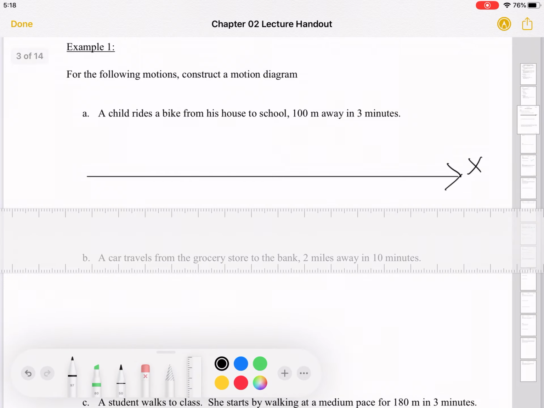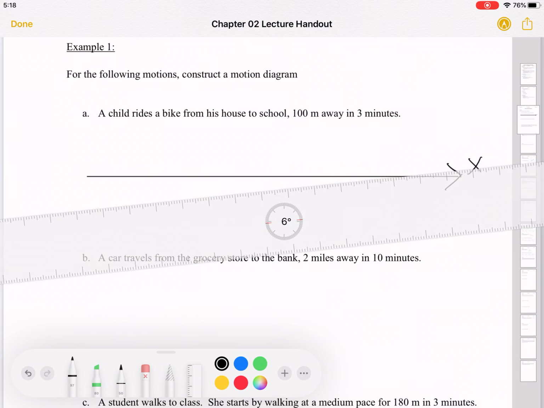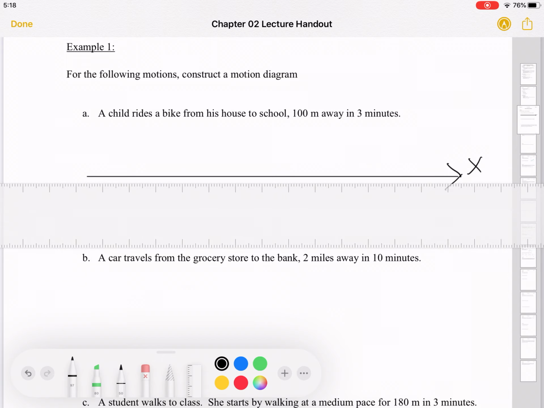And let's make some tick marks here. We're going 3 minutes at 100 meters, so I could mark every 25 meters. I can mark every 10 if I wanted. I can mark every 1, but they're going to get really close together. So let's just mark a beginning and an end.